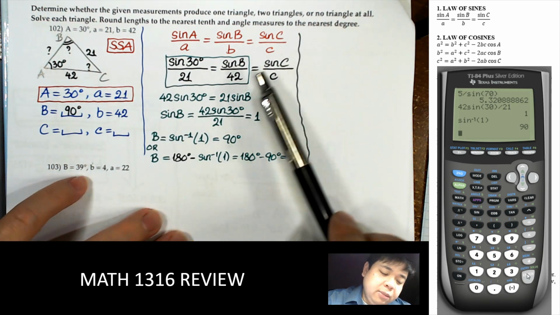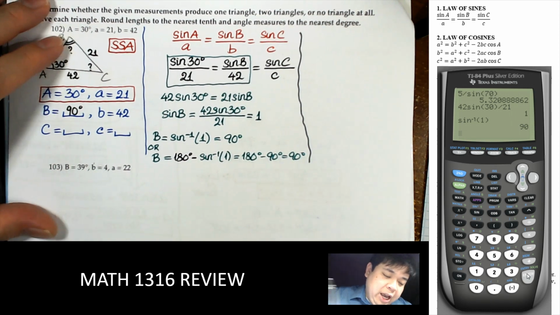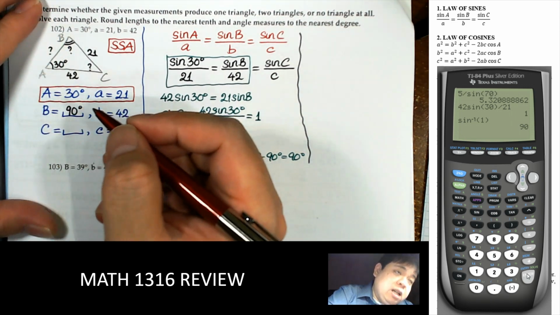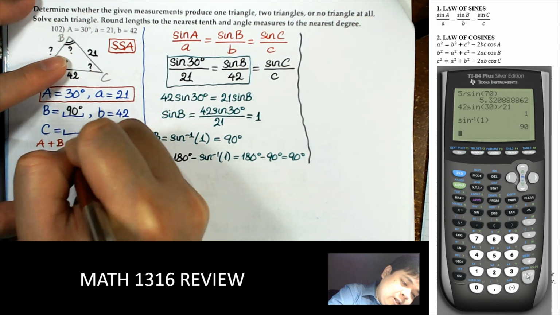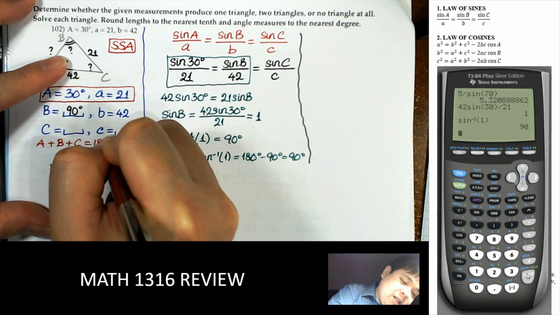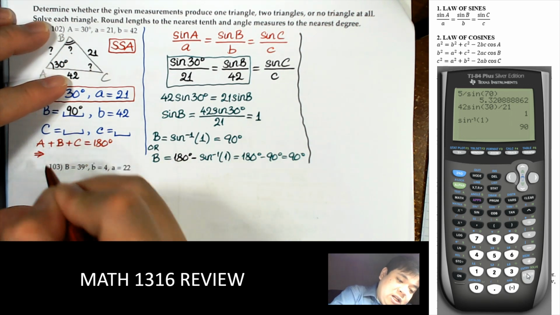Right. Now we will go to angle C. A plus B plus C is 180 degrees, so we always have that. Once we know two, we can find the last one immediately.